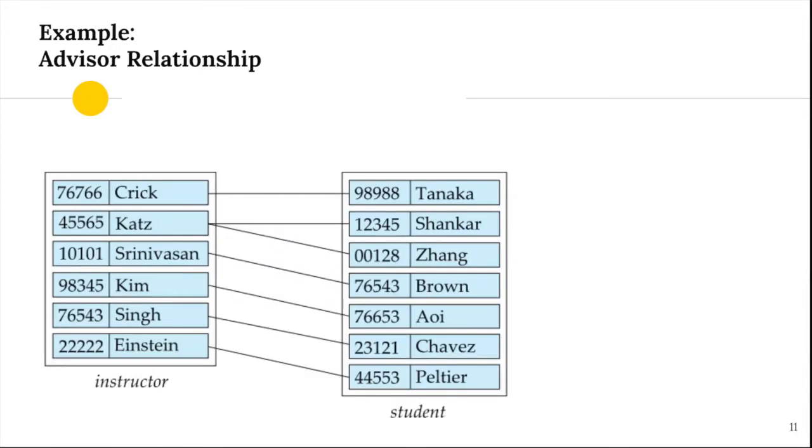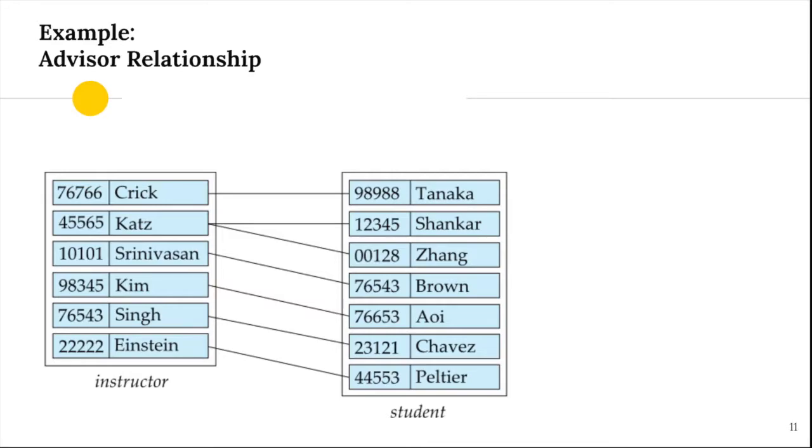Graphically, we can see that the advisor relationship can connect an instructor and a student. So, for example, if we have these records, we can say that Crick, who is an instructor, is the advisor of Tanaka.